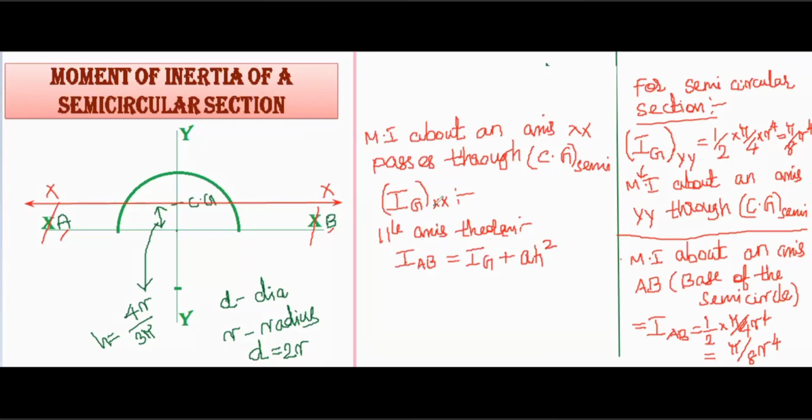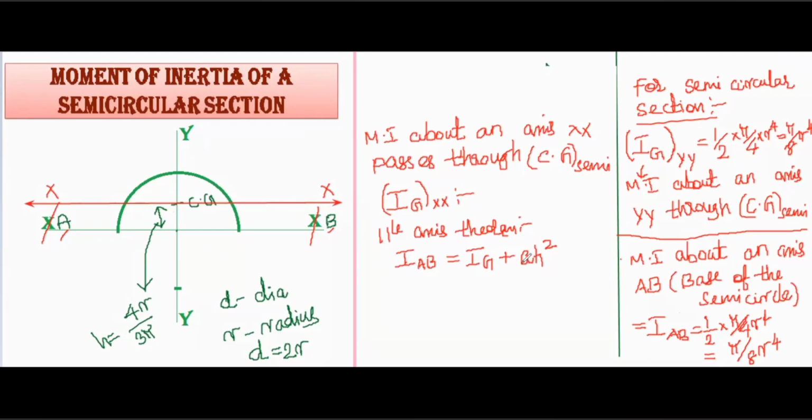This IG is with respect to the XX axis. Here IAB is the moment of inertia with respect to this axis AB that we calculated already.